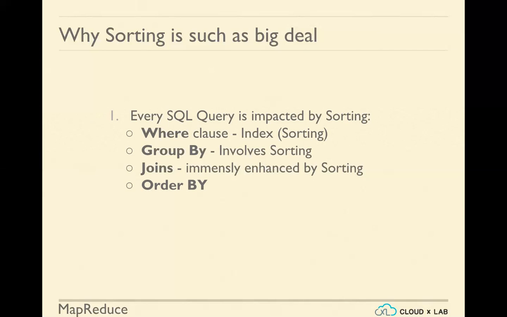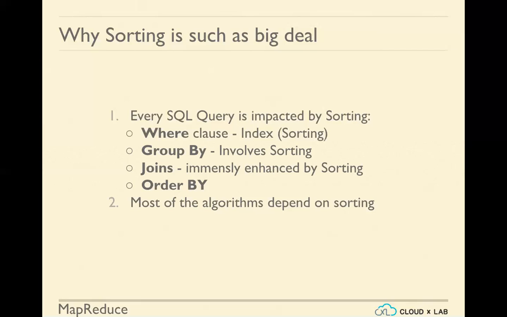Then order by is also impacted by sorting, because that's actually the sorting. So sorting is a very, very important algorithm in data science. Not only SQL, but most of the other algorithms depend on sorting under the hood.